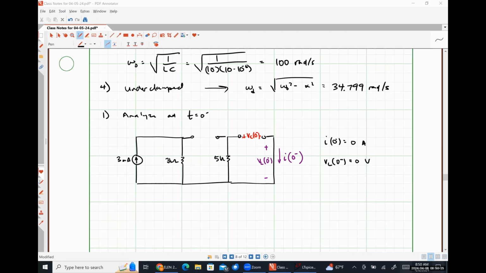VC of 0. I agree it's going to be 0 volts, but let's talk about explicitly why that is.